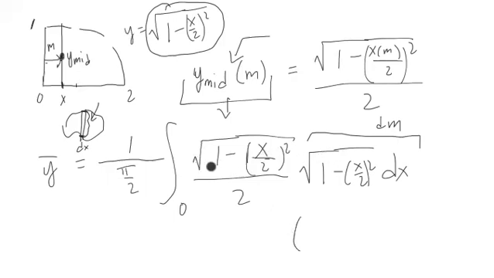So this square root times that square root just become 1 minus x over 2 quantity squared without any square root at all. This 2 is in the denominator, just like this. If we move it into the denominator over here, imagine like a 2 over 1 right here, so that it actually cancels with this 2 right here, which is nice.